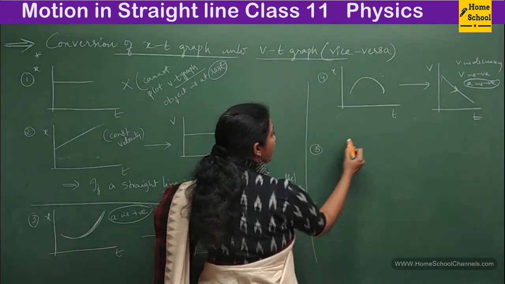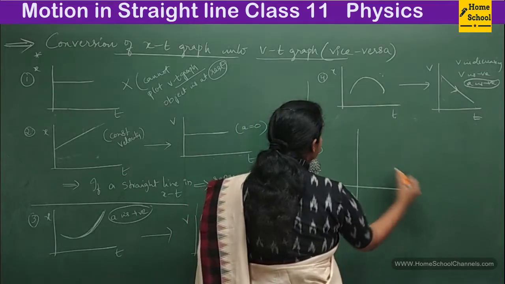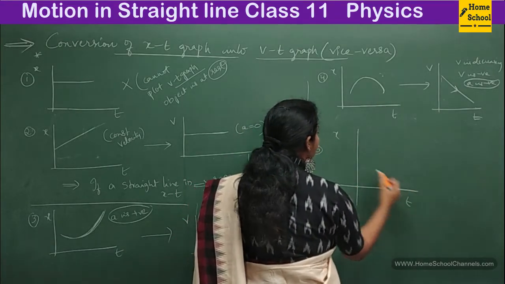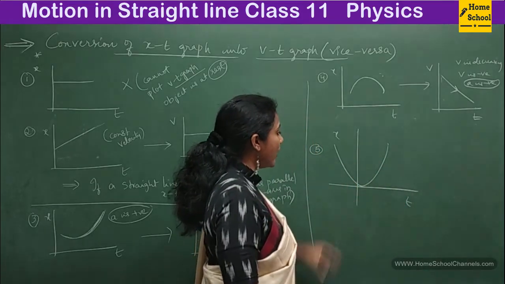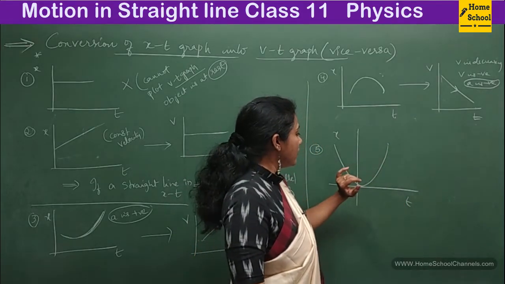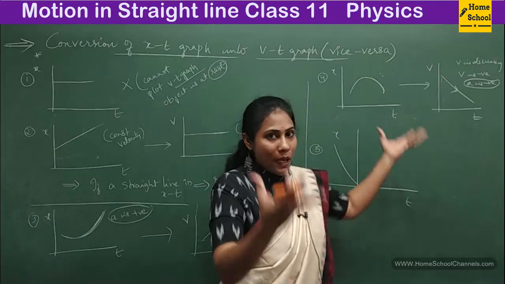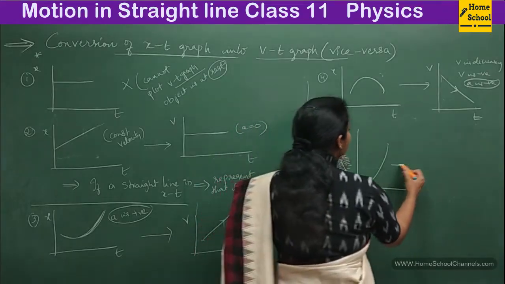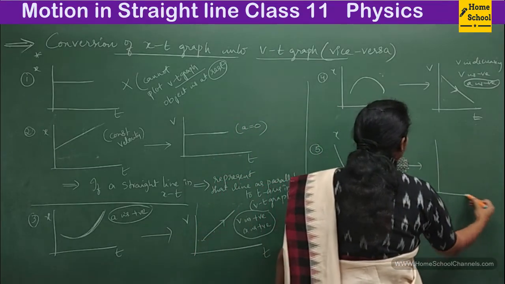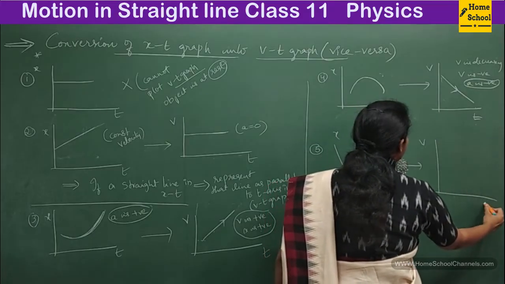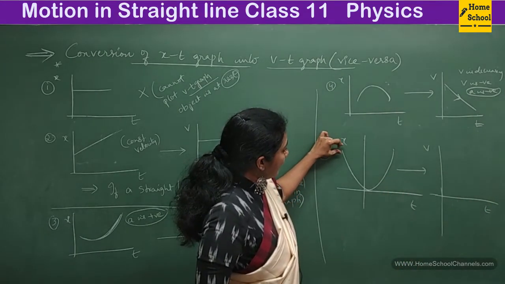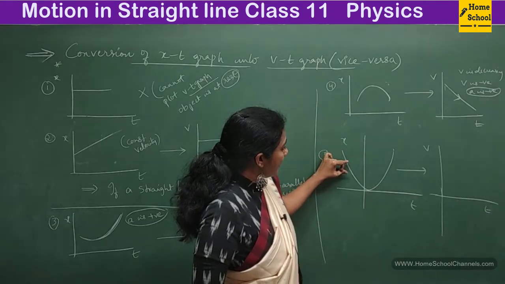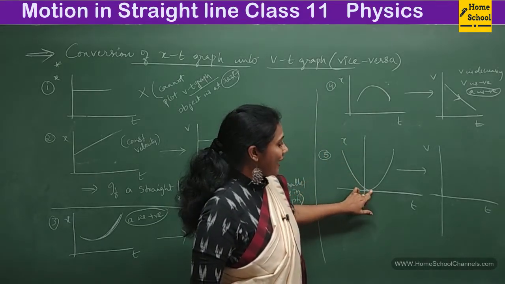In the fifth situation, in case in the xt graph I have a curve something like this, an upward parabola, an upward bowl, how do you represent this in the vt graph? You see here, from the negative side the object is coming and reaching the t-axis.